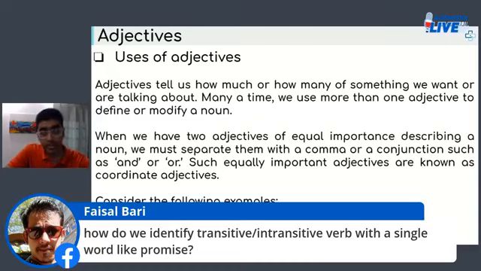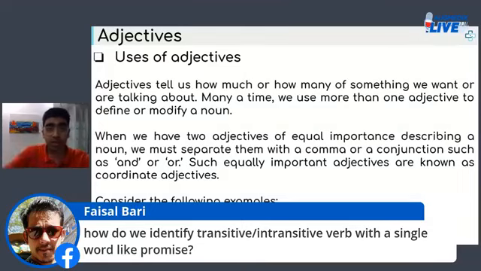But if you're talking about promise as a verb, then it definitely is a transitive verb because when you ask someone to promise you, what do you say? Promise me that you will not do this ever again, or promise me that you will not leak this secret, or promise me that you will buy me this, promise me that you will do this for me.